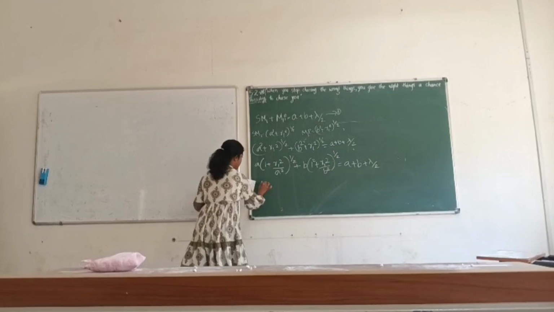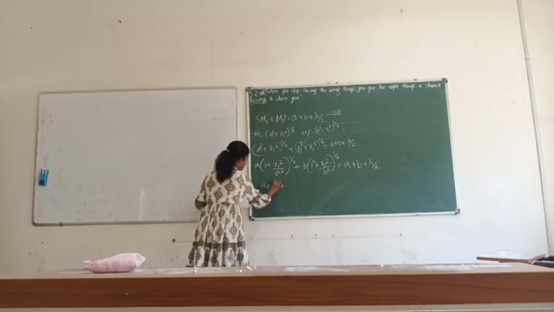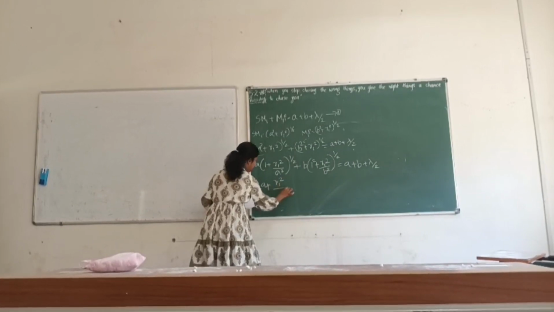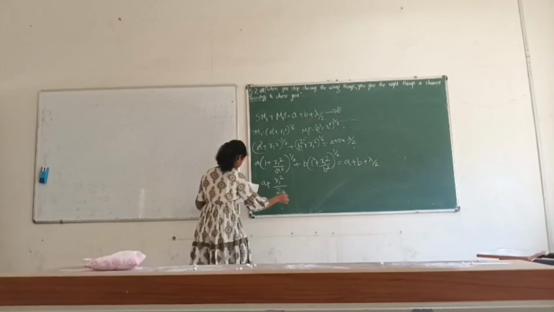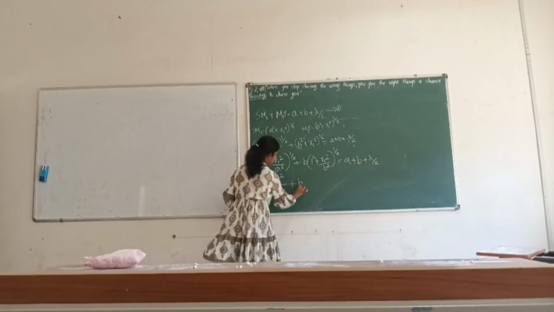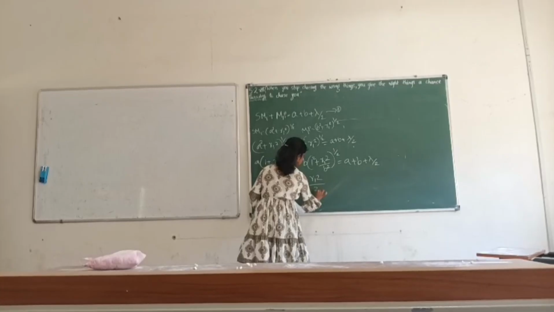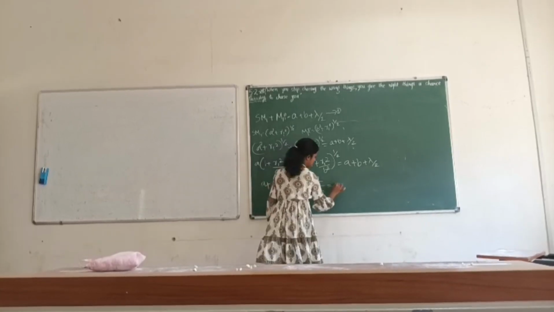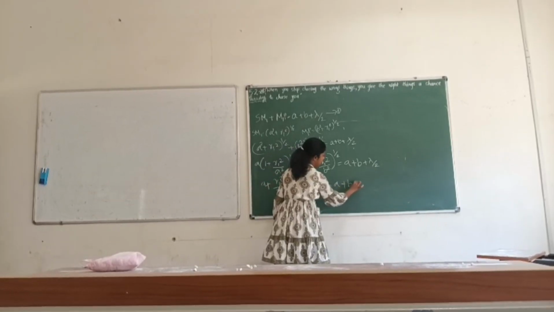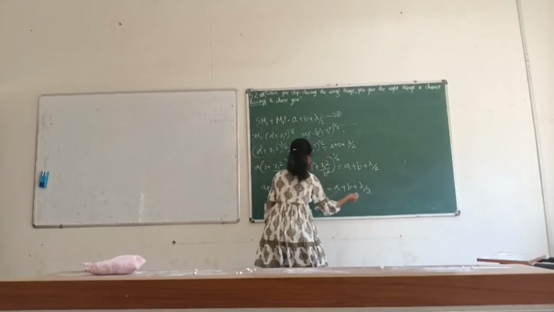Now we solve this equation. Taking A out, A times (1 plus R1 square by A square) raised to 1 by 2. On solving, we get A plus R1 square by 2A plus B plus R1 square by 2B, which is equal to A plus B plus lambda by 2.